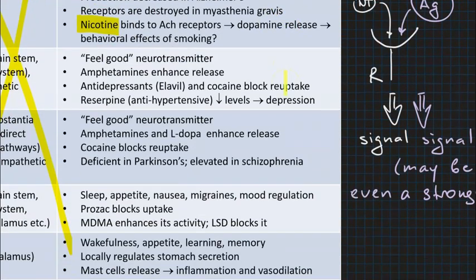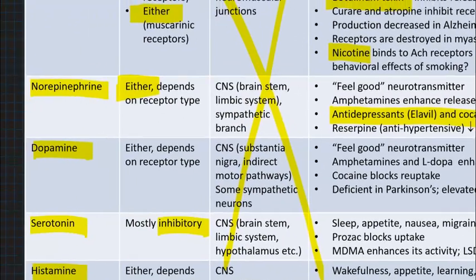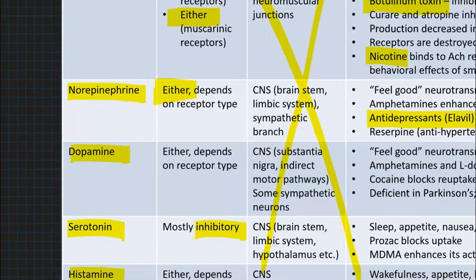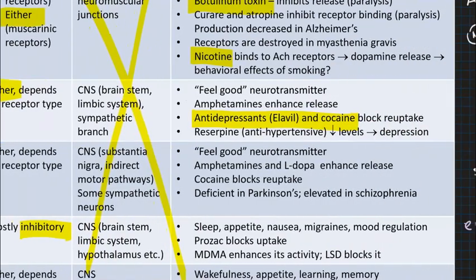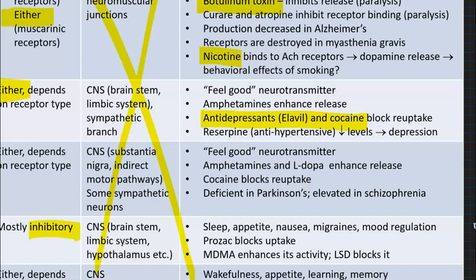For instance, antidepressants and cocaine block reuptake of norepinephrine. Norepinephrine is effectively a feel-good neurotransmitter. This is why antidepressants work, and this is why people on cocaine are so happy and energetic.